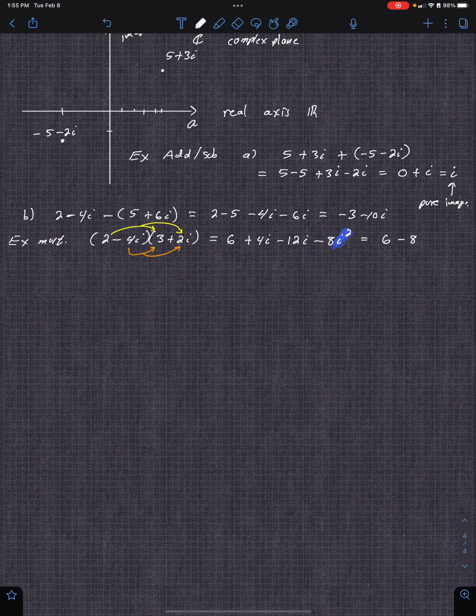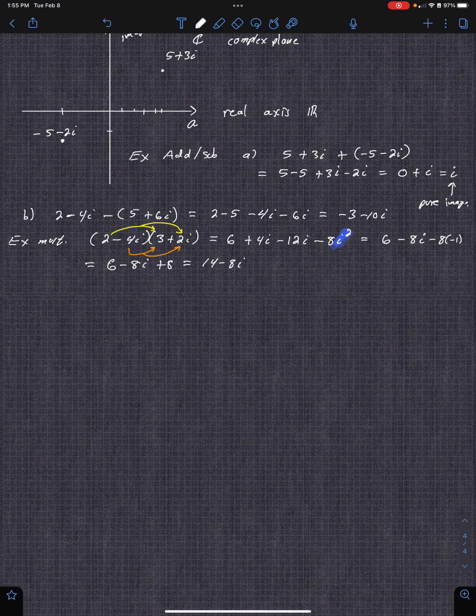Negative 8i, and then it's minus 8 times negative 1, so it's 6 minus 8i plus 8. 6 plus 8 would be 14. So you get 14 minus 8i.